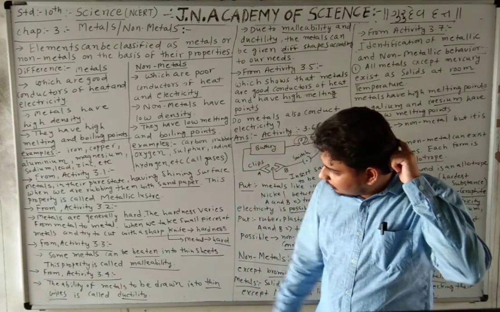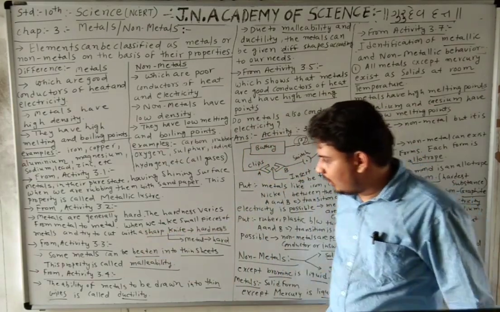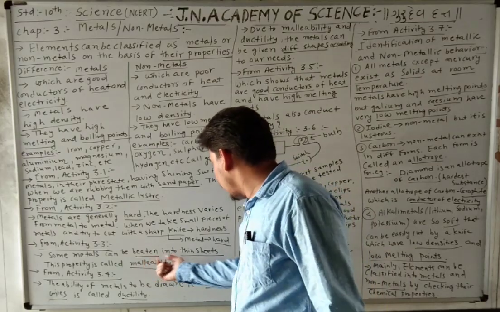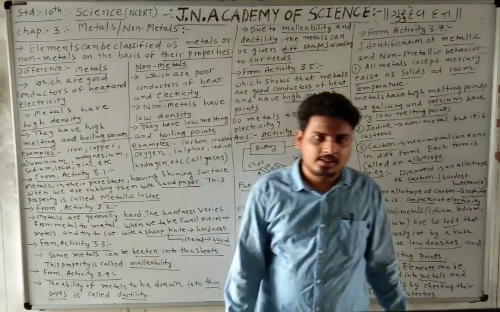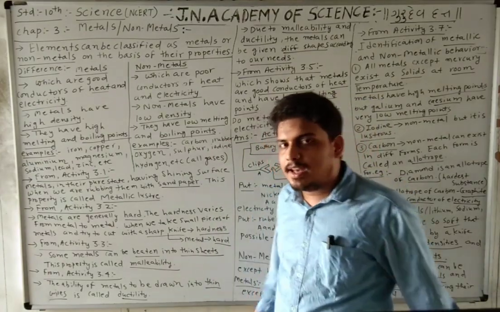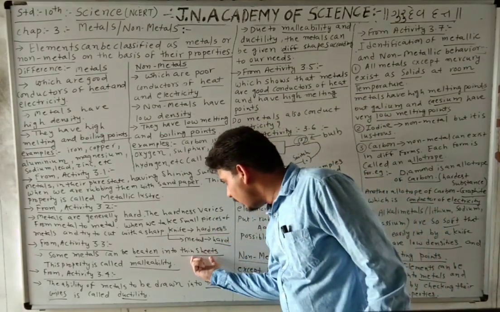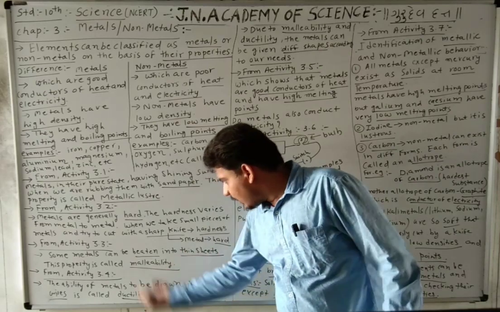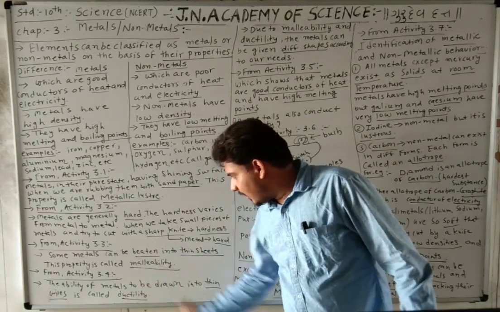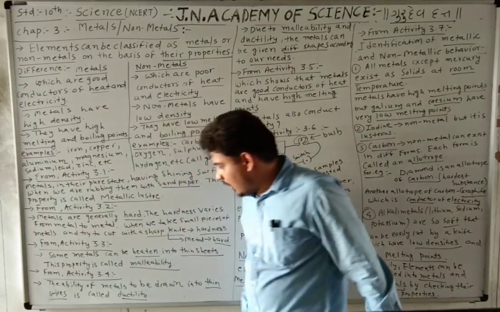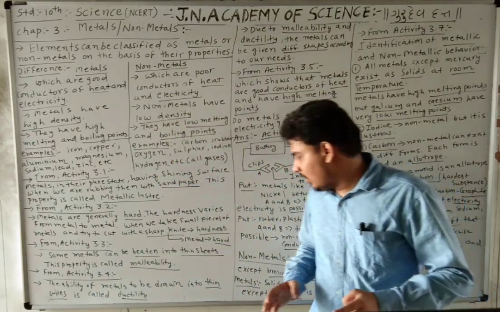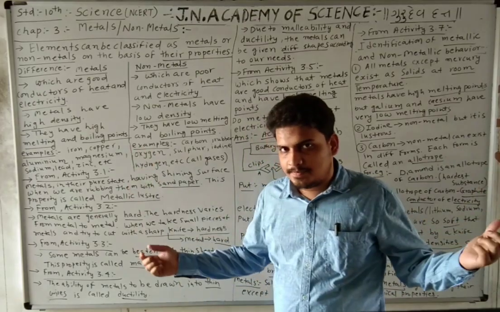Then from activity number 3.3, some metals can be beaten into thin sheets. This property is called malleability. Then from activity number 3.4, the ability of metal to be drawn into wires.